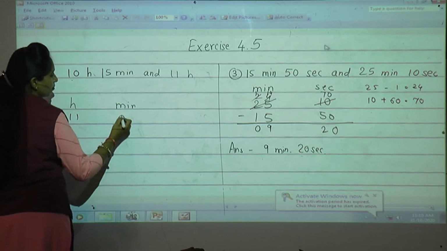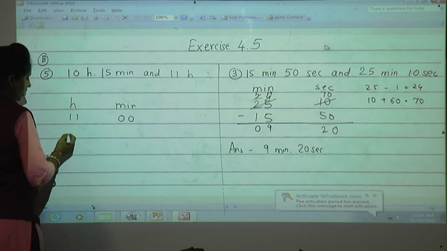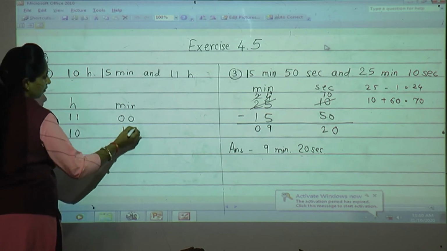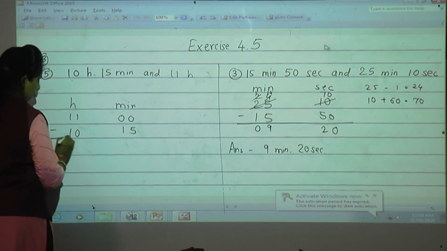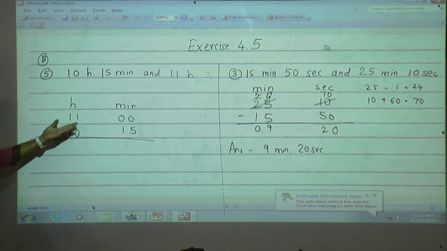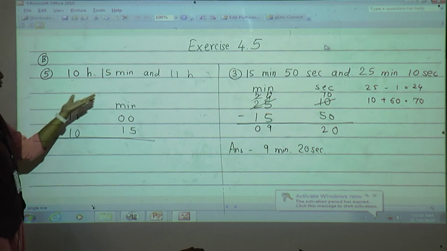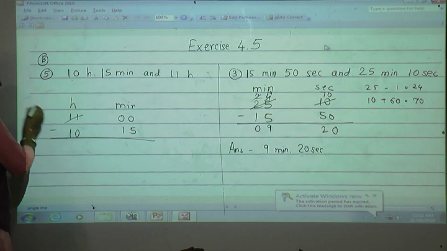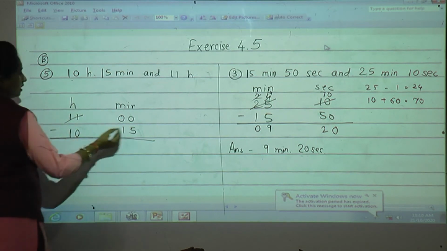Nothing is given means what will be there? 0, 0. And the next is 10 hours 50 minutes. Now do the subtraction. Now see students here, 0 minus 15 we can't do. So what do we have to take? We have to take 1 hour as a borrow from hours to give to the minutes. So here we have 11 hours, isn't it?